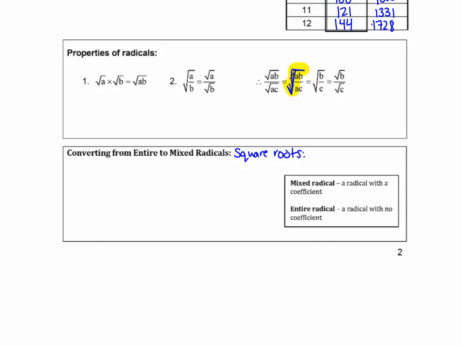One is we find the largest perfect square that you can divide the radicand by, or basically the largest perfect square that's a factor of the radicand. So in layman's terms, find the largest perfect square that you can divide the radicand by.